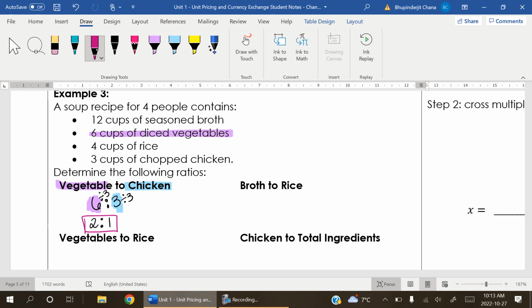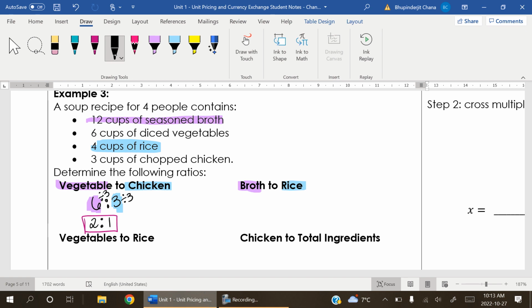Okay, I'm going to clear this highlighting so we can move on to the next one. We now want to do broth to rice. I've got my broth in purple, 12 cups of broth to rice. Whoops, let's change that to blue. Rice, and I've got 4 cups of rice.